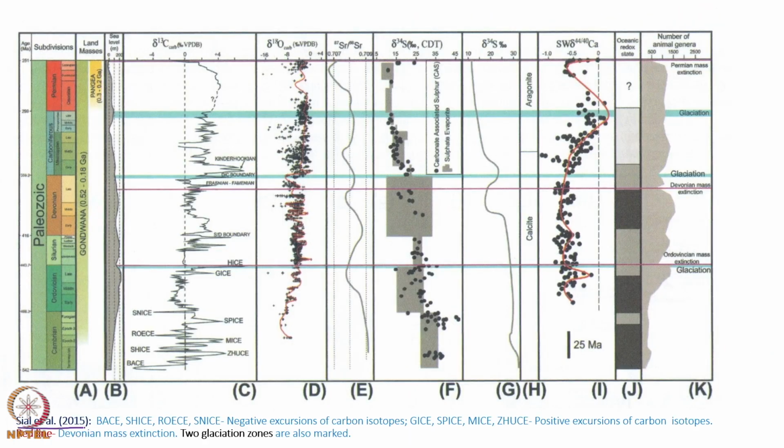Saltzman and others in 2015 made an interesting compilation of various geochemical profiles: delta 13C, delta 18O, 87Sr/86Sr, delta 34S, delta 34S again, delta 44/40Ca, oceanic redox state, number of animal genera.